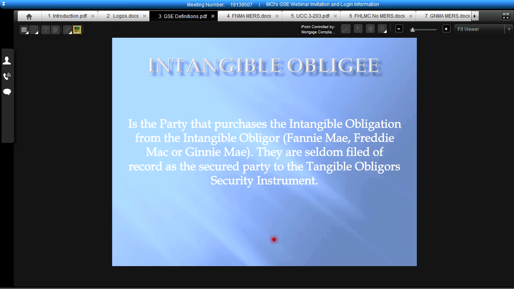I have never seen it listed as a residential property being a secured party.